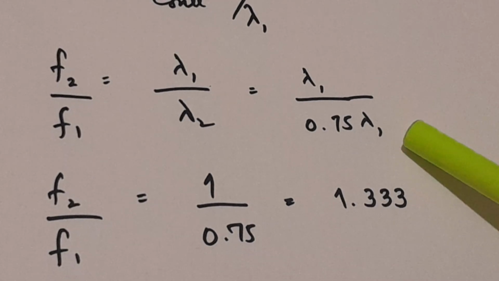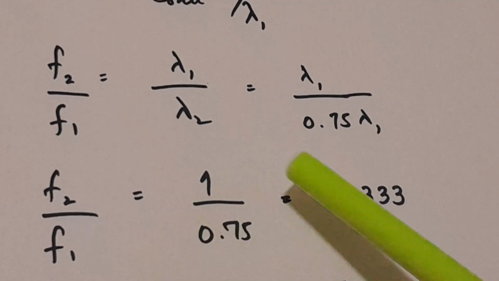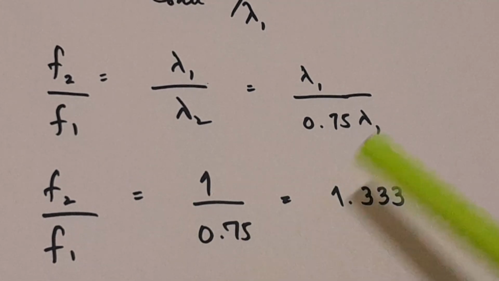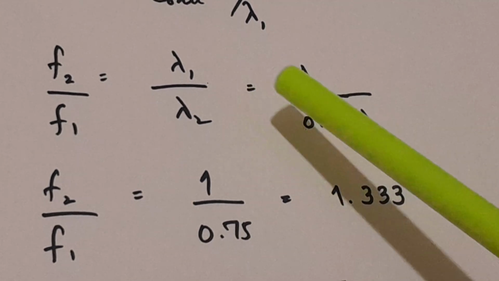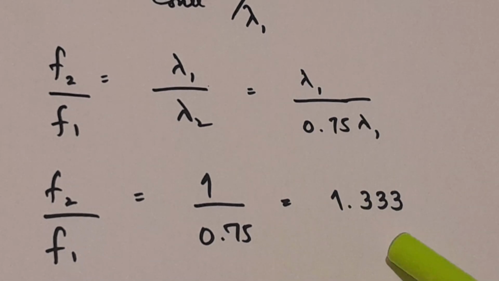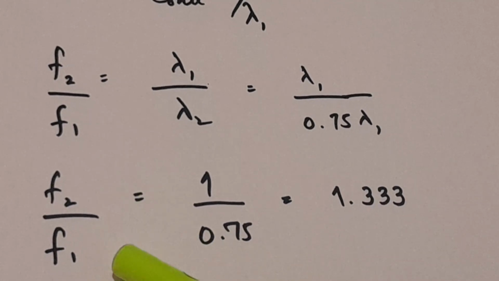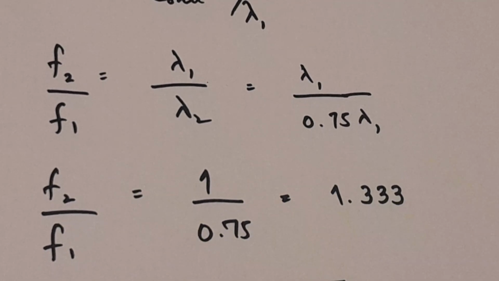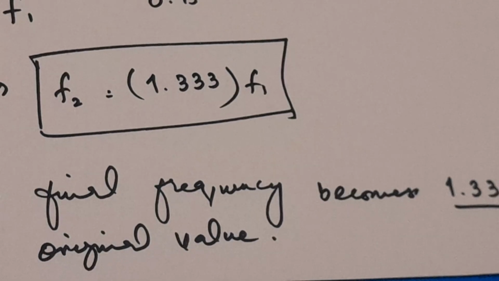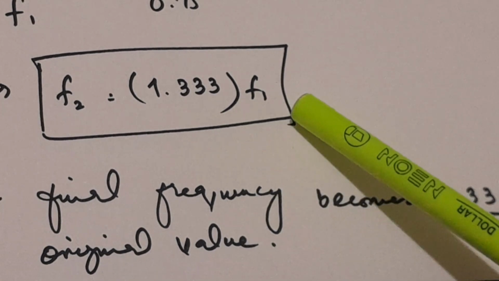We use the value of lambda 2, which is equal to 0.75 lambda 1. Now, f2 over f1 will be equal to 1 over 0.75. Lambda 1 will be cancelled and you get 1.33 as the ratio of f2 to f1. The ratio of f2 to f1 is equal to 1.33, which means that f2, the final frequency, is 1.33 times f1.